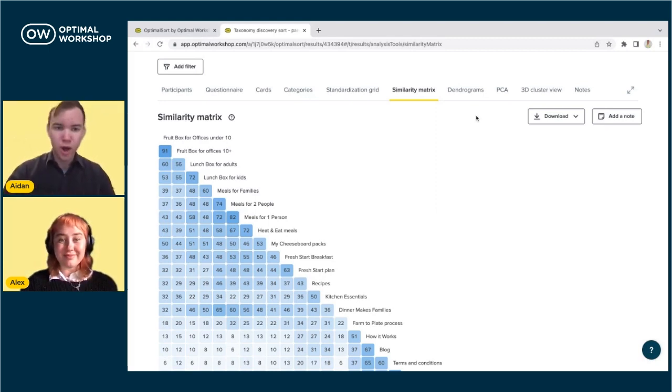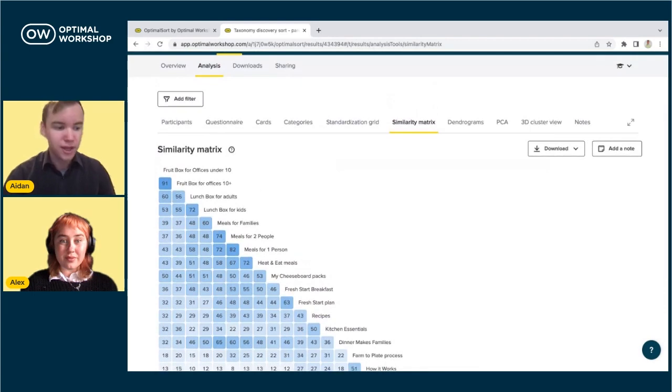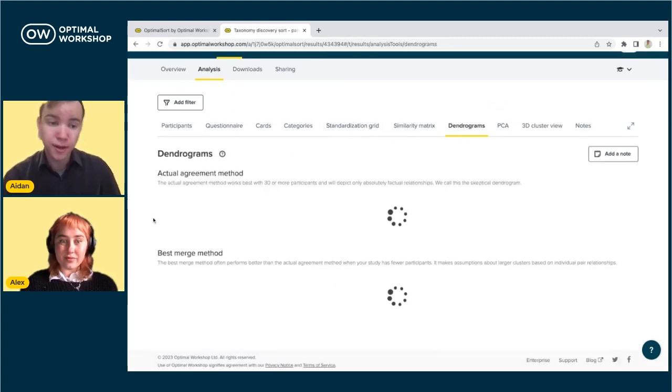So this can seem overwhelming, especially if you're thinking, wow, I've got so many cards, so many pieces of content, so many pages to sort. But this is where the power of the analysis and optimal sort can really show through. And this shows in some of our remaining tabs here, such as Dendrograms.